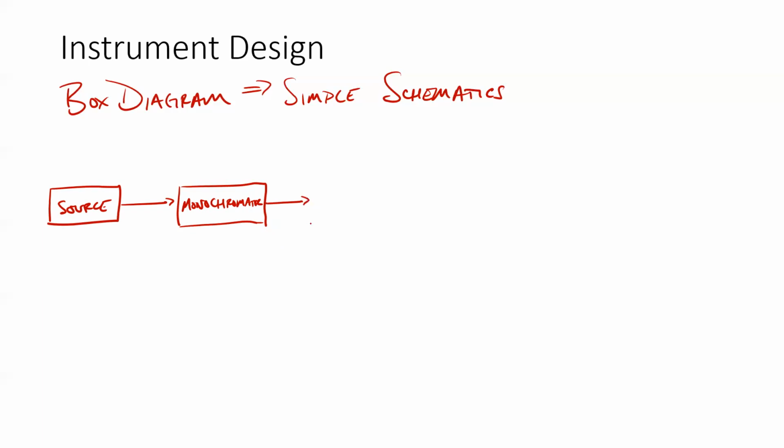Once we have the wavelength of light that we're interested in, it goes into our cuvette, our sample. Then it goes to the detector.